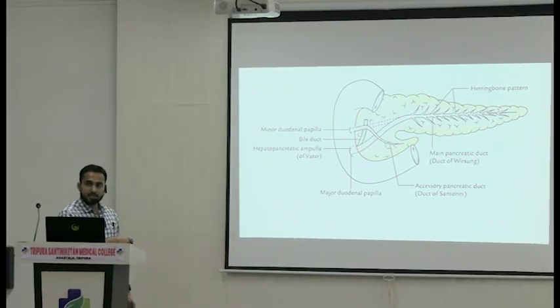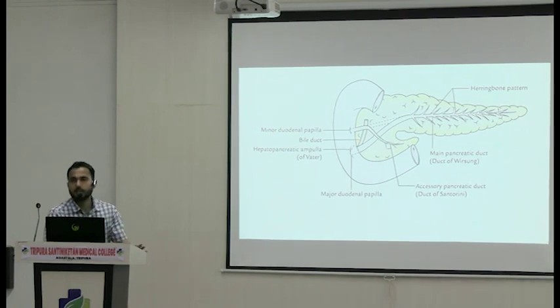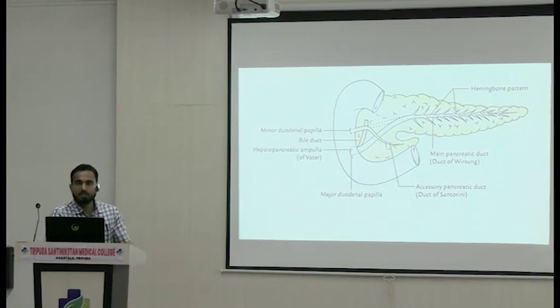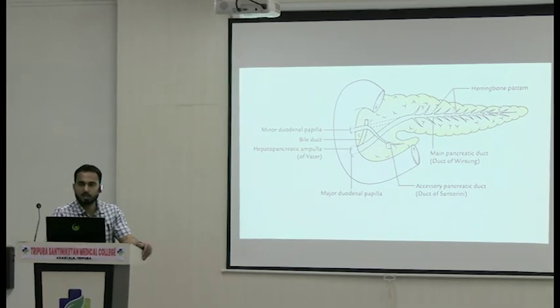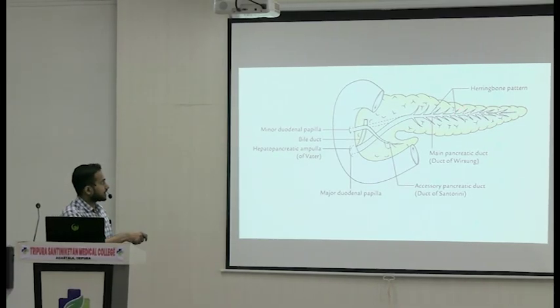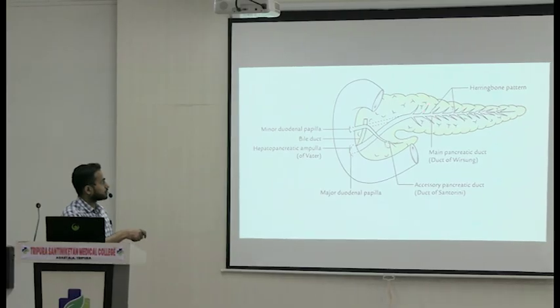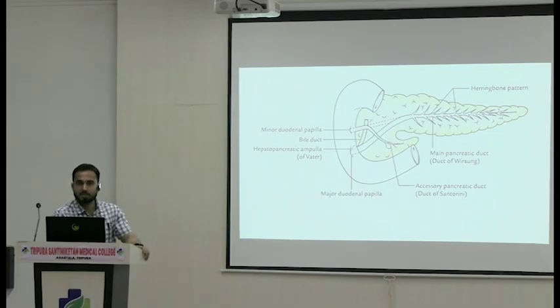When it enters, it is accompanied by the common bile duct to form the hepatopancreatic ampulla of Vater, and then it drains into the major duodenal papilla, which is situated on the posteromedial wall of the second part of the duodenum. Already we have discussed this, and several times I have mentioned it. Now can you see the smaller ducts? These smaller ducts join the main pancreatic duct.